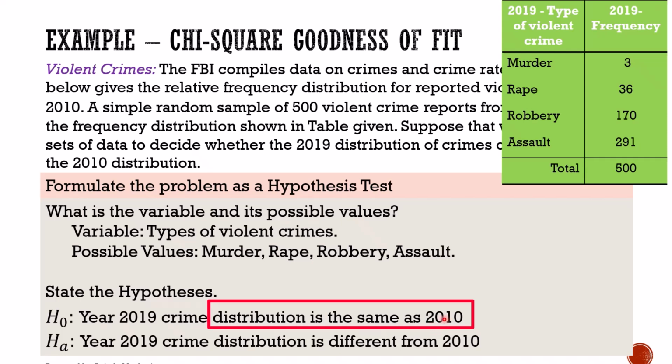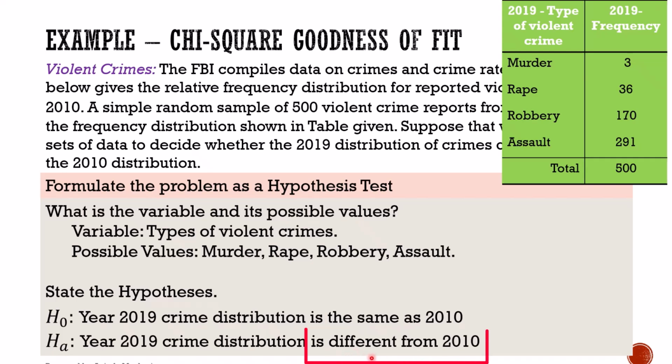And your hypothesis, because again we are working with categorical data, there's no mu or p or any quantitative measures, you will have to state it in the form of a sentence relevant to the problem that we are dealing with. So null hypothesis states year 2019 crime distribution is the same as in 2010, whereas alternate hypothesis will state that no, it has changed. So year 2019 crime distribution is different from that in 2010.